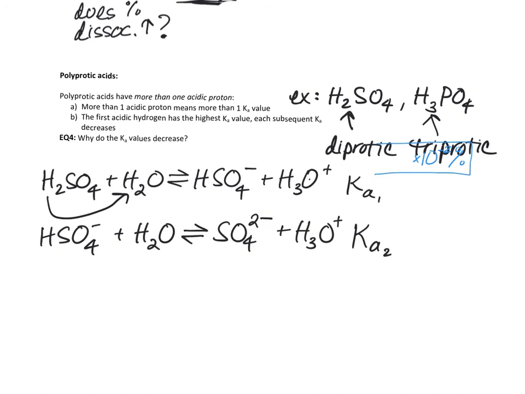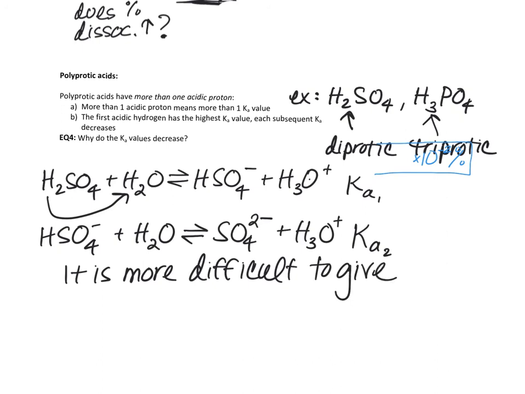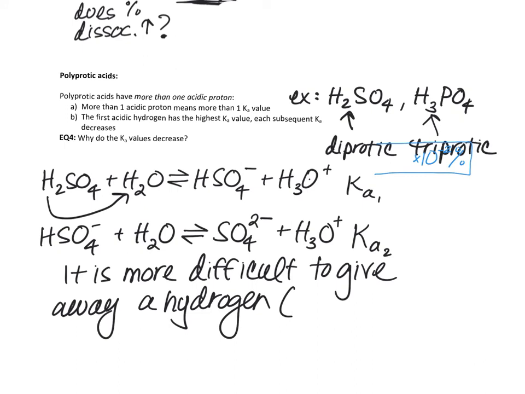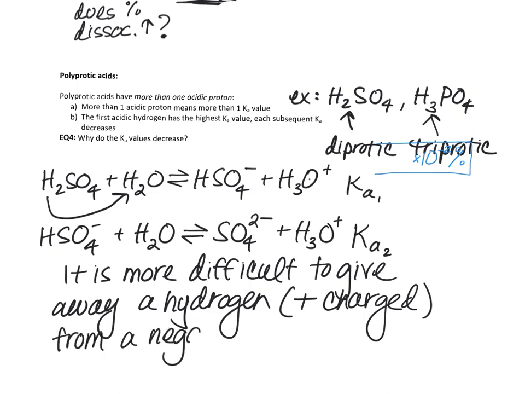That means it is more difficult to give away a hydrogen which is positively charged from a negative species.